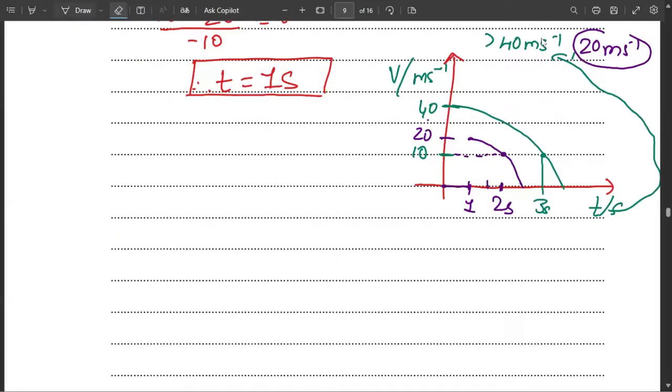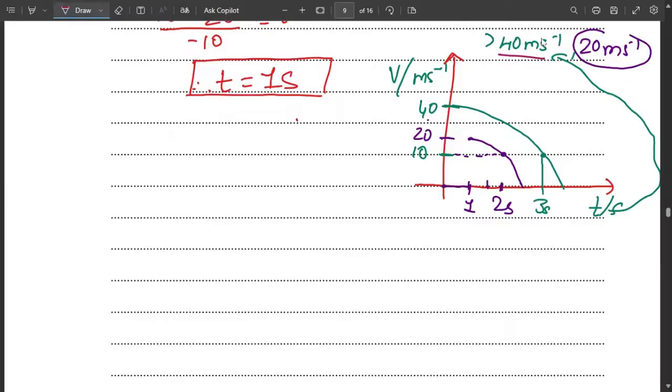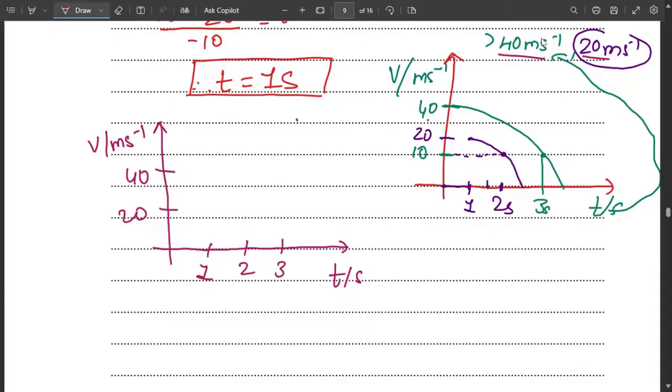Now let's draw how the graph would look if both the 40 meter per second and 20 meter per second particles were thrown at the same time. Let's assume this to be 40, this will be 20, and this is time 1, 2, 3, 4.